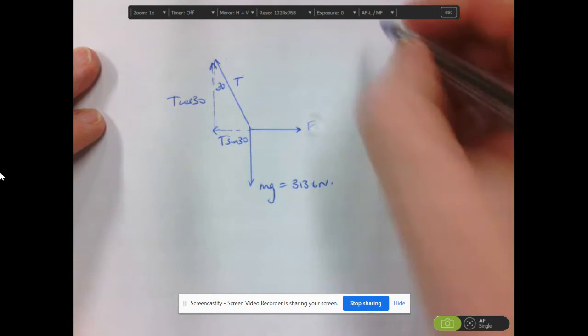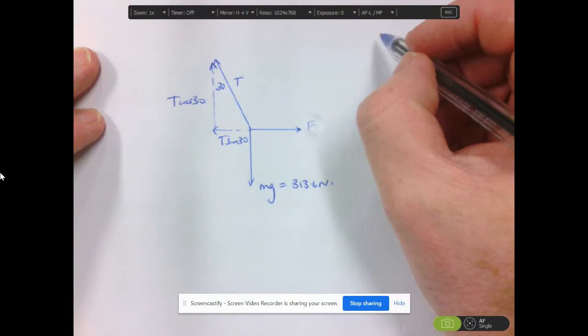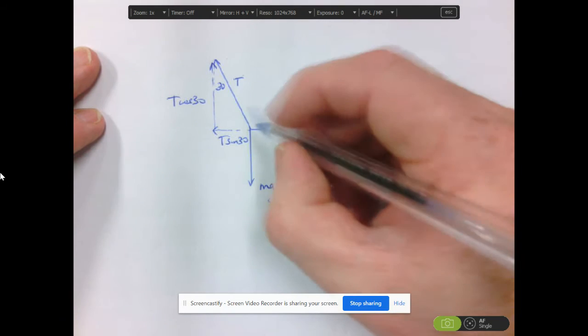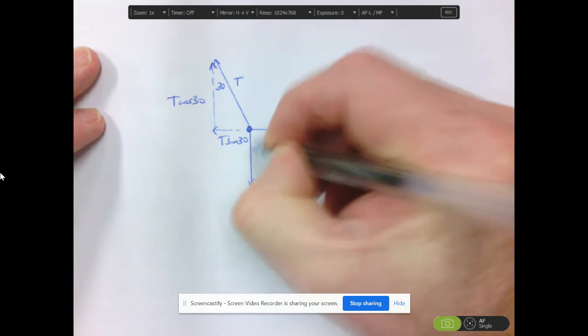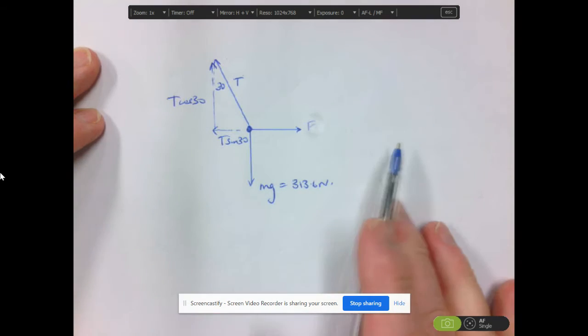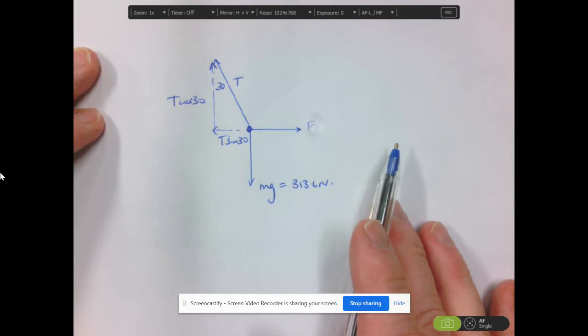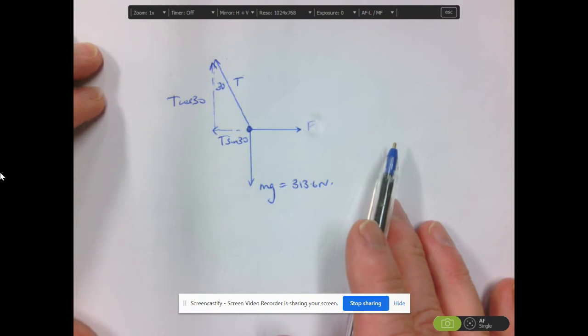We remind ourselves that because it's in static equilibrium, which means that this mass is not rising, not falling, not moving sideways, then all the forces in the vertical and the horizontal are in balance.